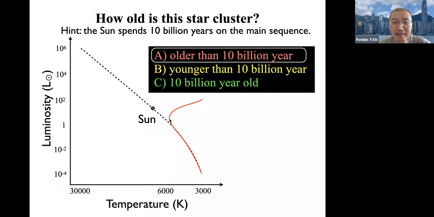Stars like the sun have died in this cluster, and so they no longer exist. So this means that the age of the cluster must be older than the lifetime of the sun on the main sequence. The sun spends 10 billion years on the main sequence, so the cluster must be older than 10 billion years.